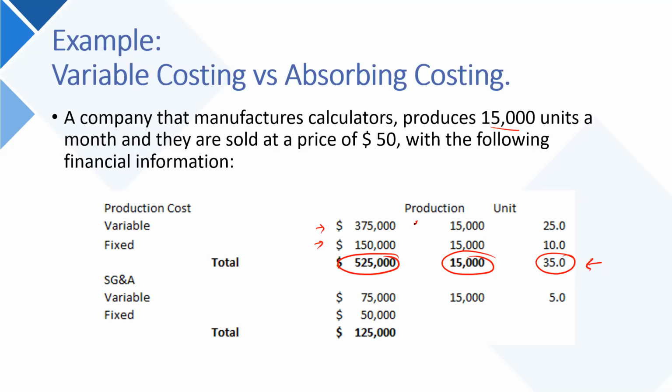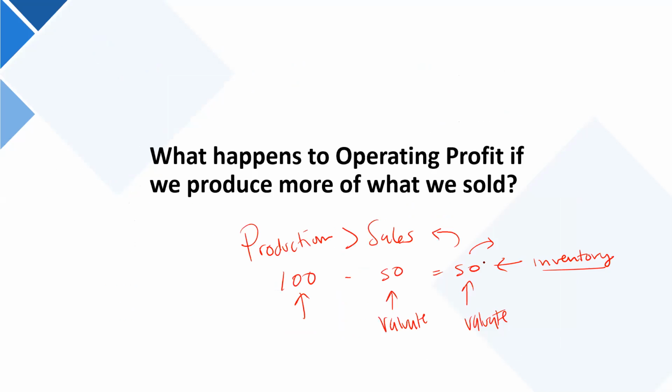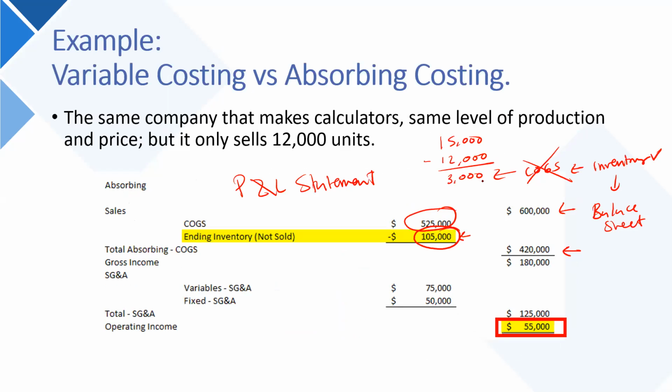I divide this over this one, and it gave me this one. Yes, teacher. So if I am saying that I am not selling the 3,000, that means that I need to take out 3,000. So how much is 3,000 times 35?